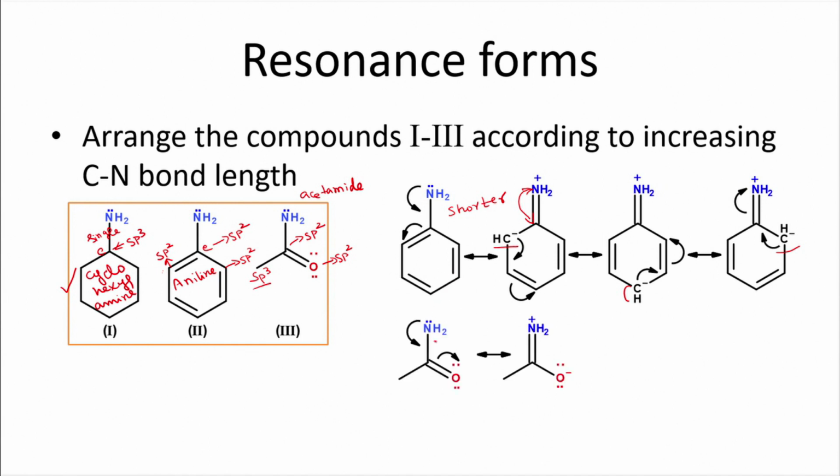But if we take the case of acetamide, here again the lone pair on the nitrogen is shifted between carbon and nitrogen. Now, the oxygen is pulling the electrons towards itself. So, here again we have a charged structure: oxygen having a negative charge, nitrogen having a positive charge. Between oxygen and nitrogen, oxygen is more electronegative.